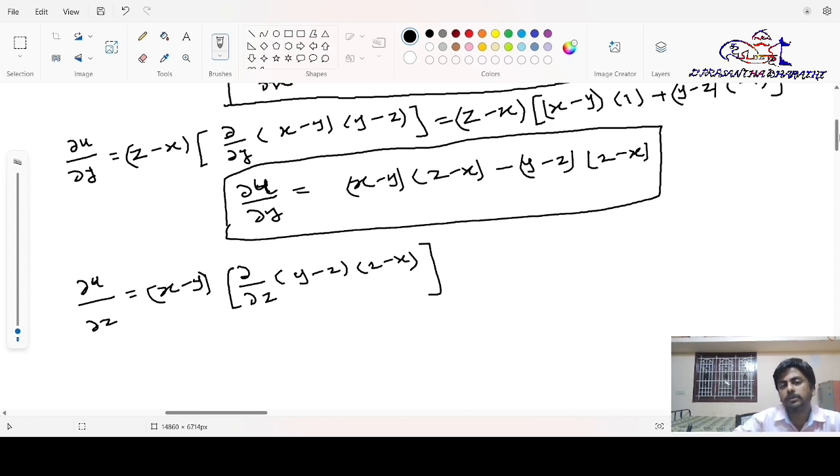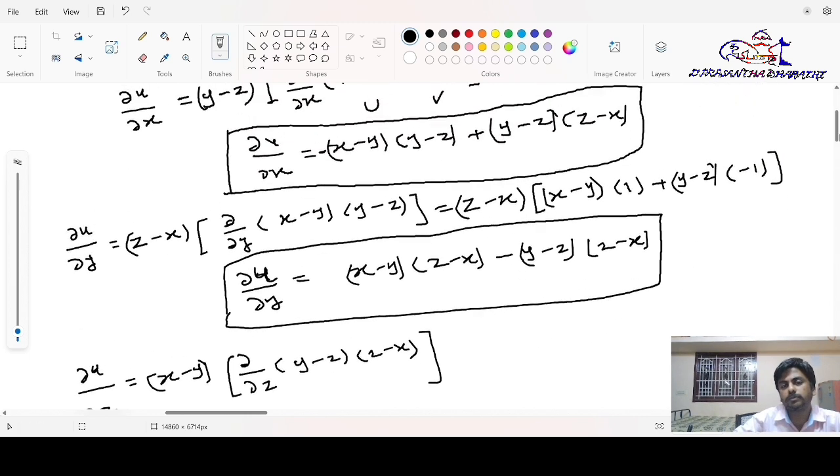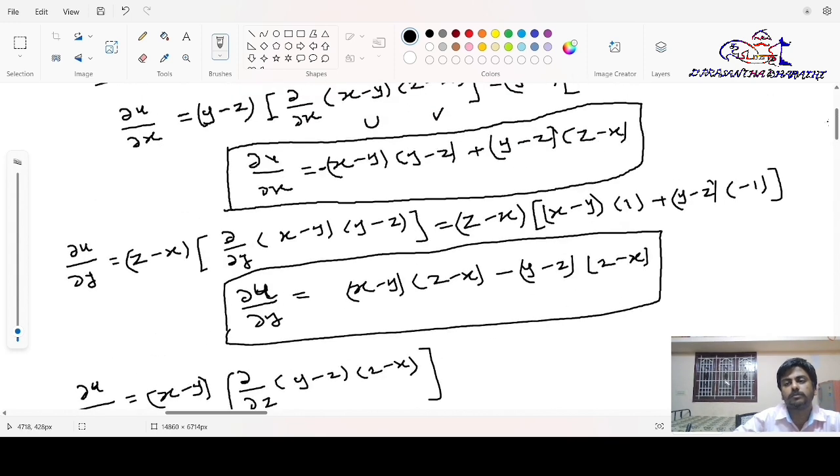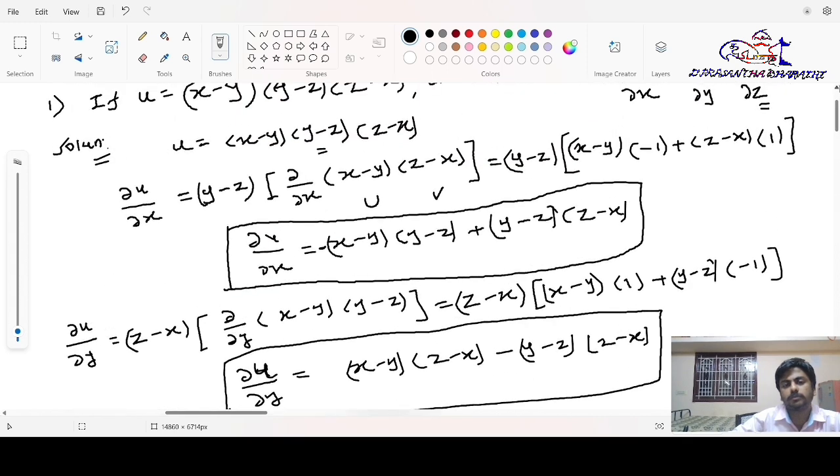Okay, so here we are taking the positive derivative for these two products. So you have to put them inside a bracket.